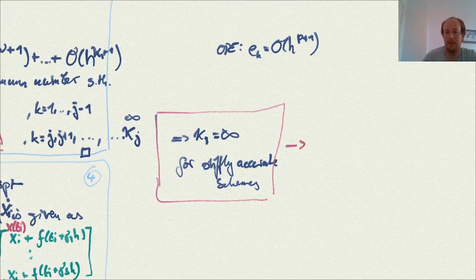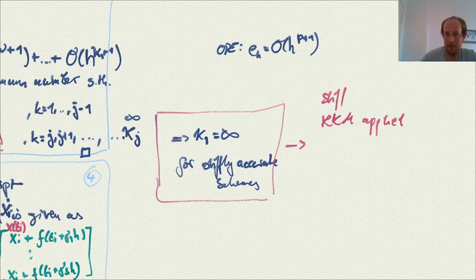And this means: Runge-Kutta methods applied, stiffly accurate, but these were with the special condition that kappa_1 is infinity.